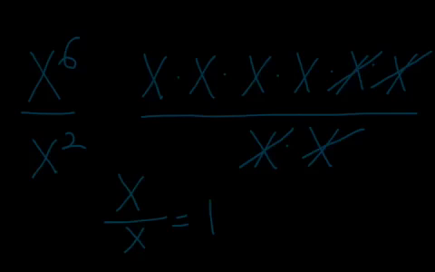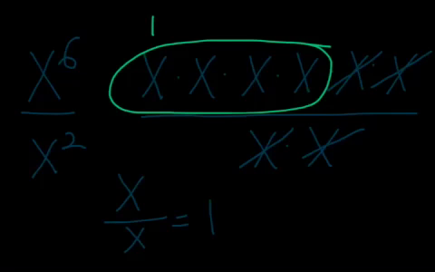That leaves us with no x's in the bottom and 1, 2, 3, 4 x's on top. We would rewrite this as x to the 4th.